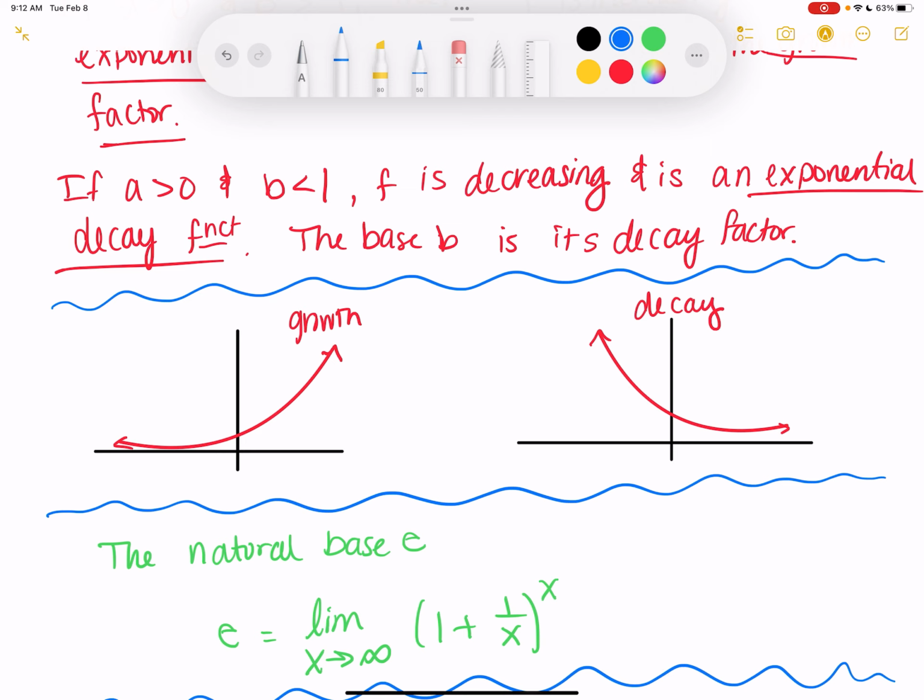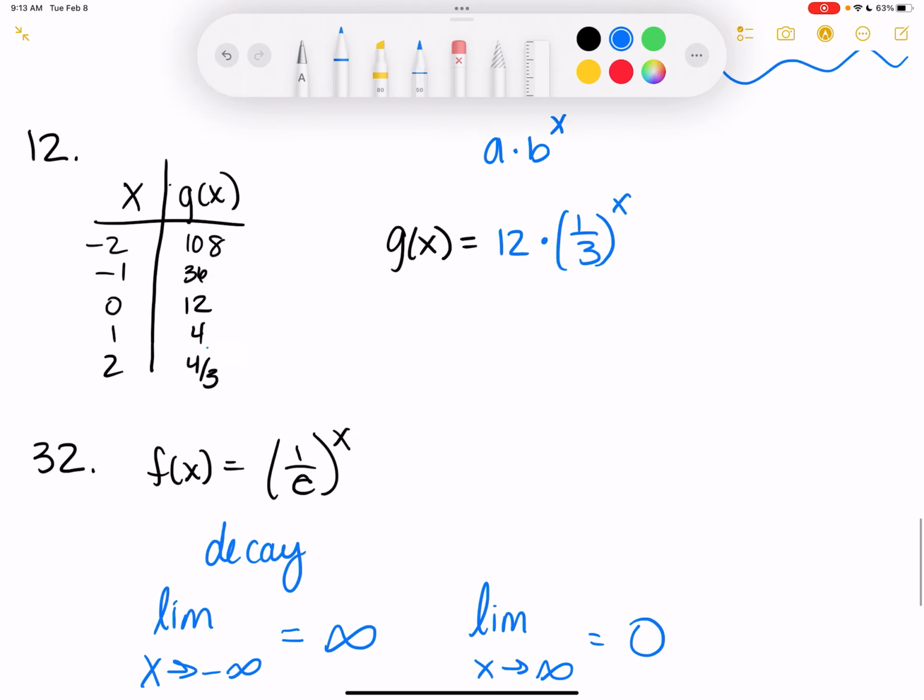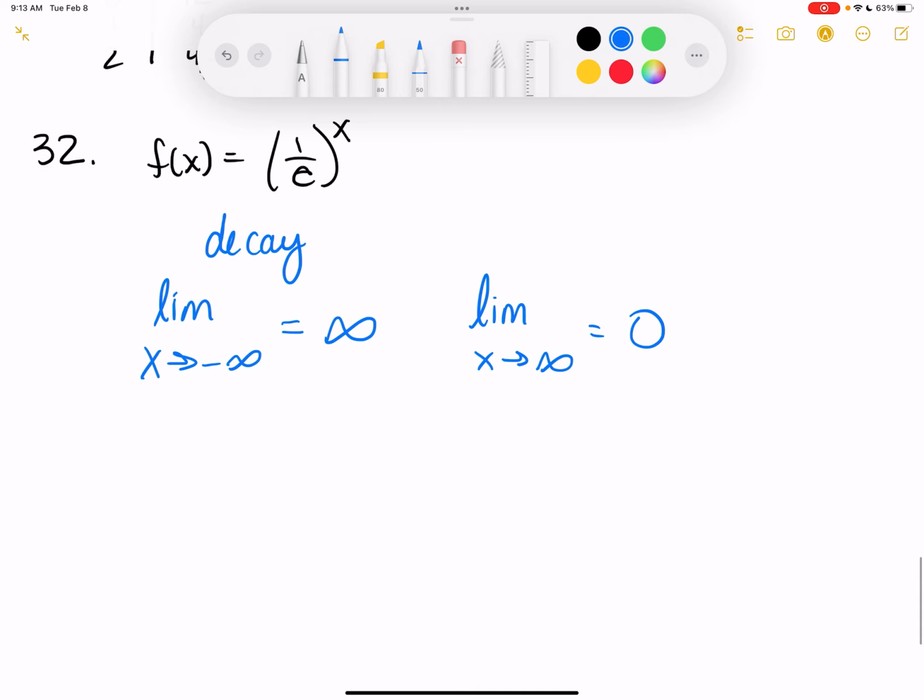If it's growth and negative infinity, it's 0. If it's positive infinity, it's infinity. So just because of the graphs, you already know what the limits are. I didn't write the negative in, that's why I was confused.